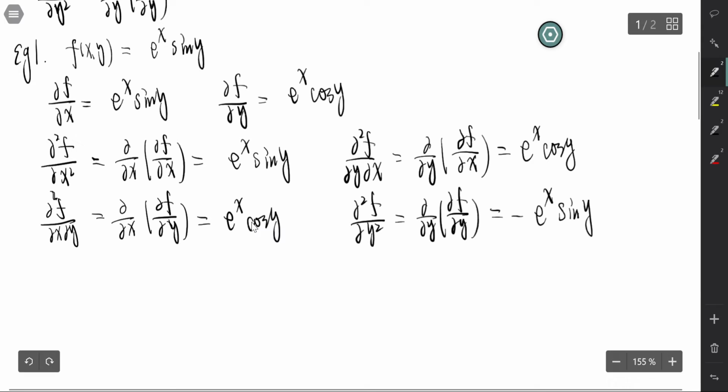From this example, we noticed that these two mixed partial derivatives are equal.